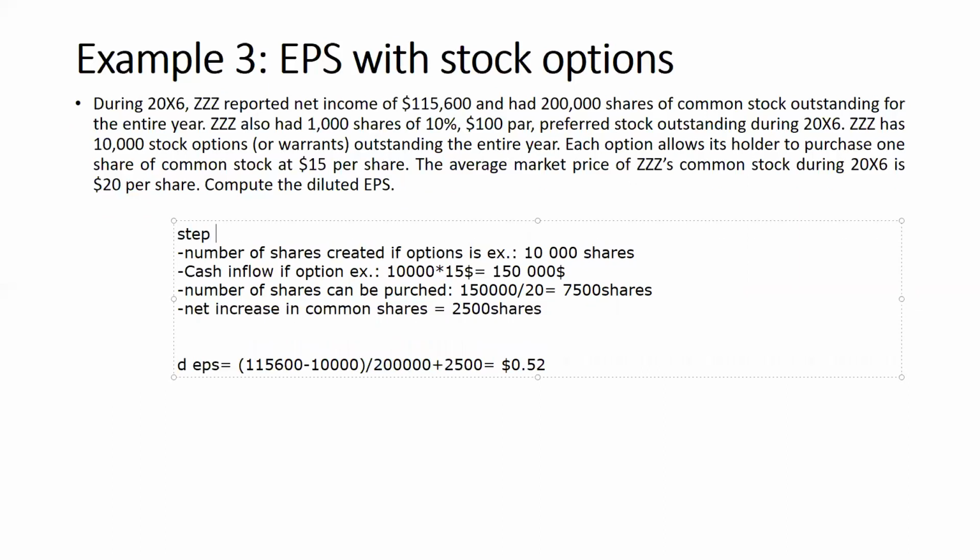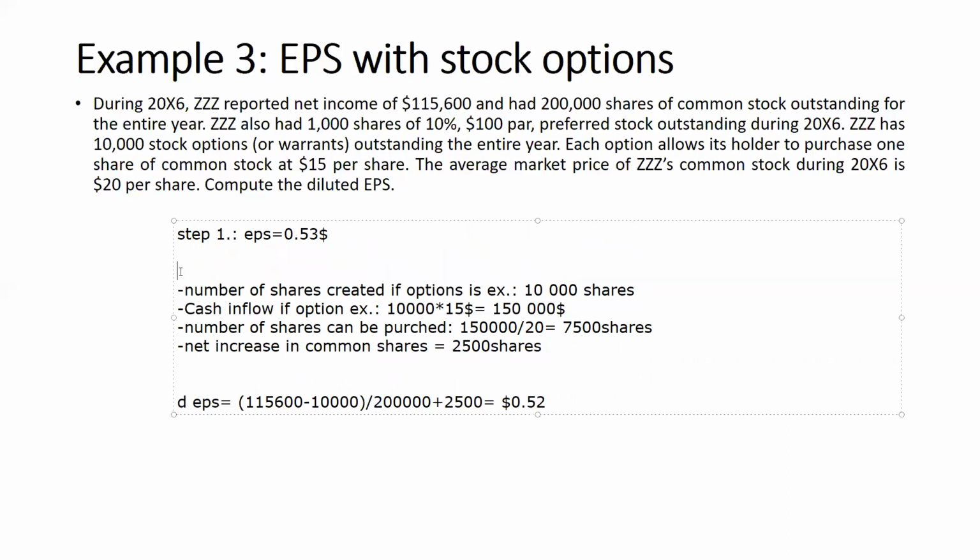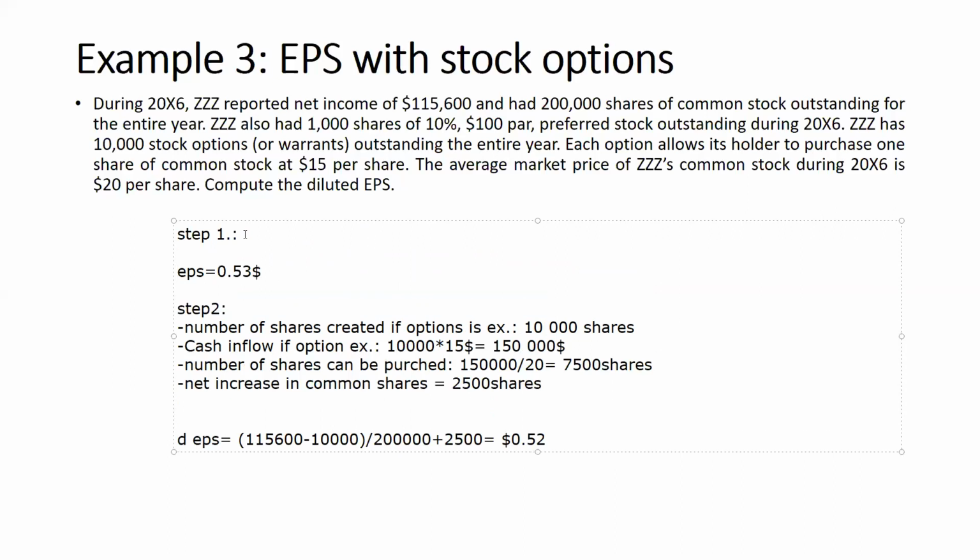So still we can compare with the EPS in step one. Step one, we said the basic EPS is equal to 0.53, and this is step two. Teacher, yes, here please. 2,500 is what remains from 10,000.